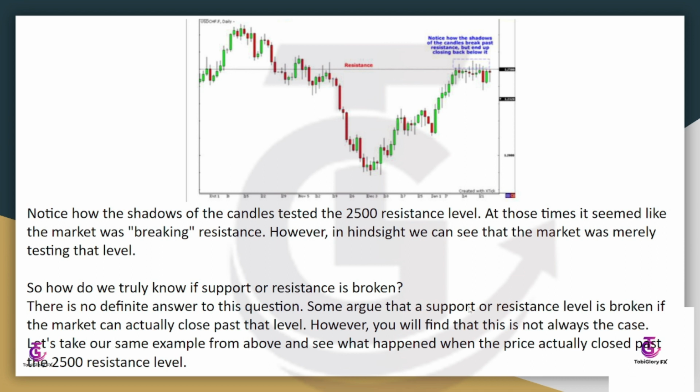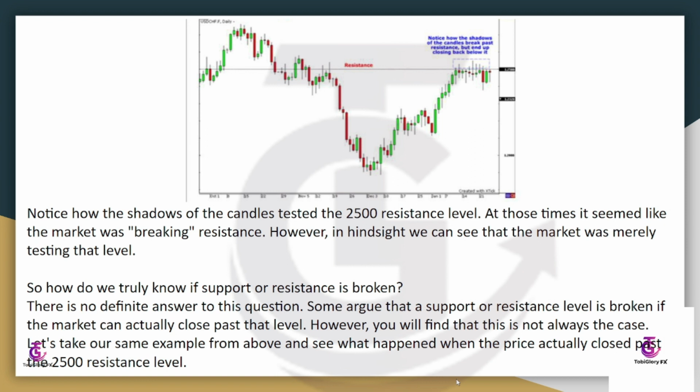Look at the diagram. Example of what I just explained right now. Notice how the shadow of the candlestick tested the 2,500 resistance level. At those times, it seems like the market was breaking out the resistance.